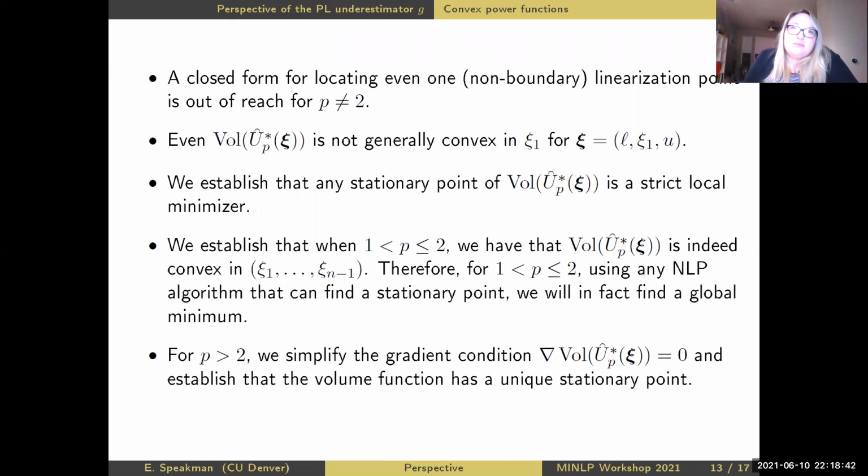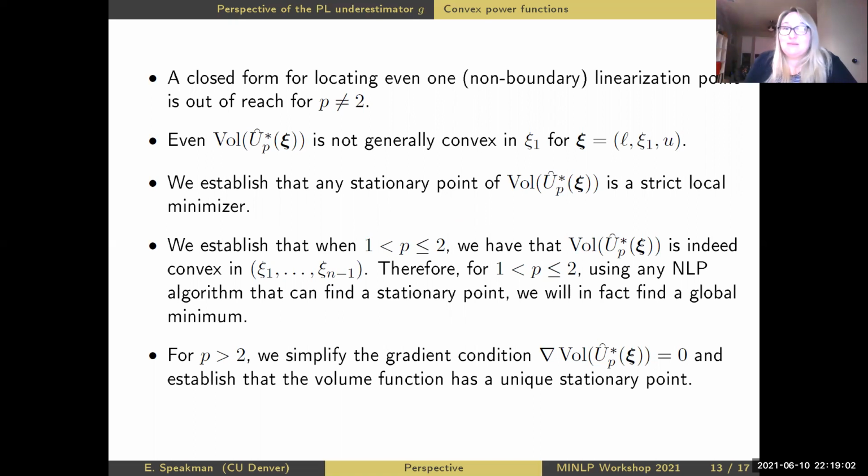All right, so what did we say? Well, we said that a closed form for locating even one non-boundary linearization point really seems to be out of reach for P not equal to 2. And a big reason for this is the volume function is in fact not even generally convex in just one linearization point.